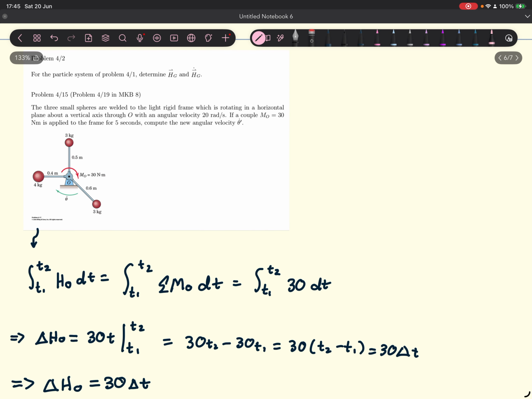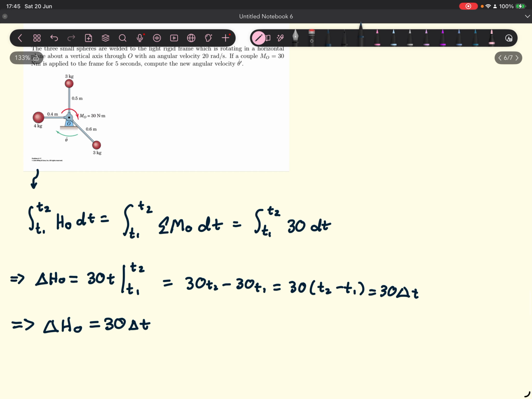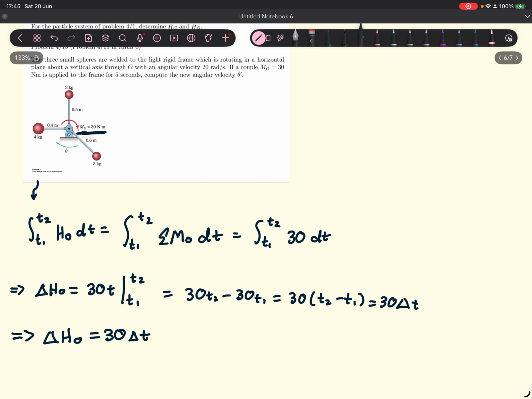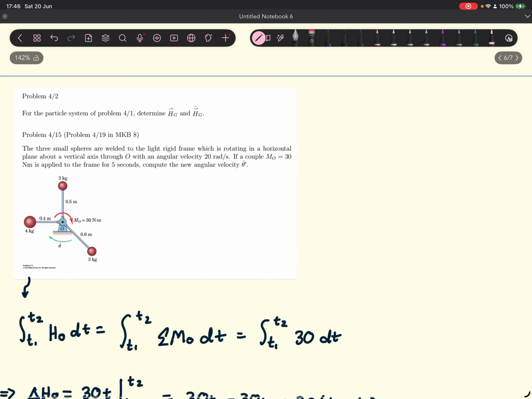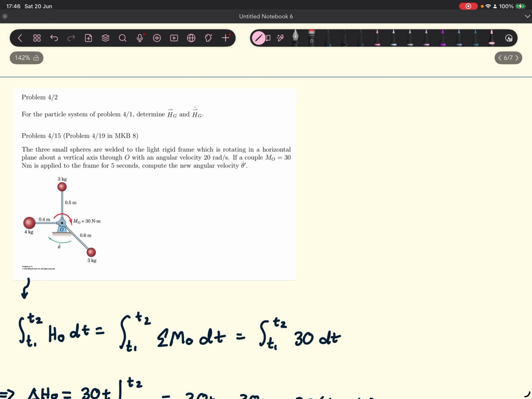So that's how you'd use conservation of angular momentum, but in this case it's not conserved because there is a moment applied to it, but we're also told the time interval it's applied for. So if you look over here, we're told that it's applied for 5 seconds.